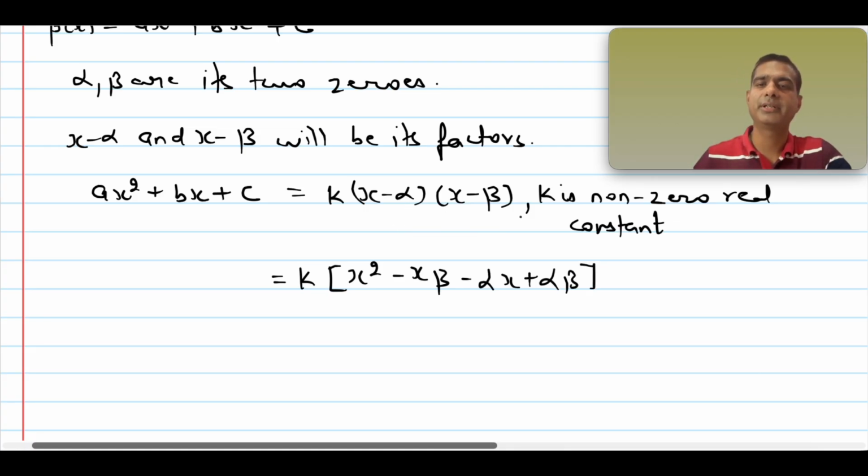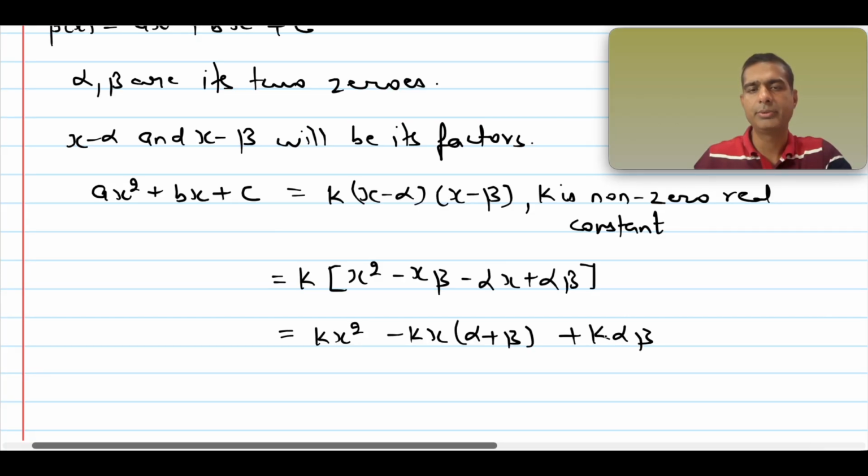So after simplification, if I open the bracket and take x common, I will be getting kx square, and taking k common, it will be negative kx, and I have taken negative common, so remaining will be alpha plus beta plus k times alpha beta, and this is equal to the polynomial ax square plus bx plus c.